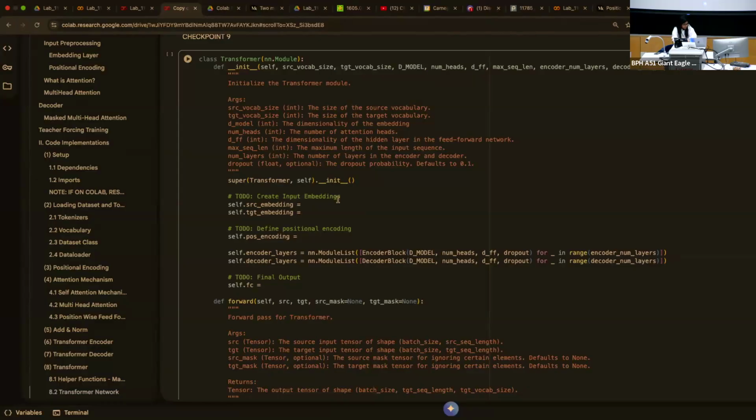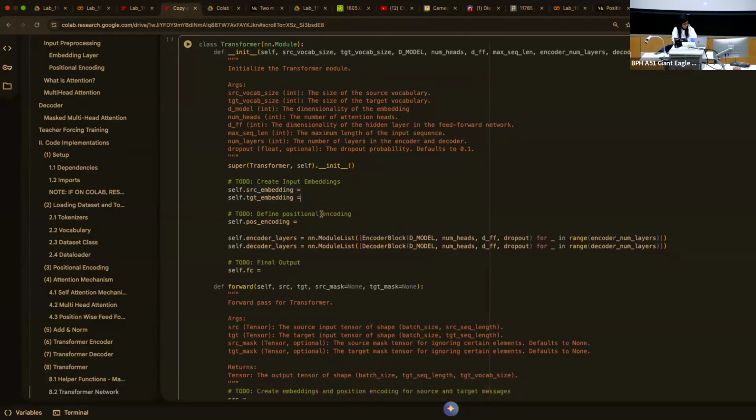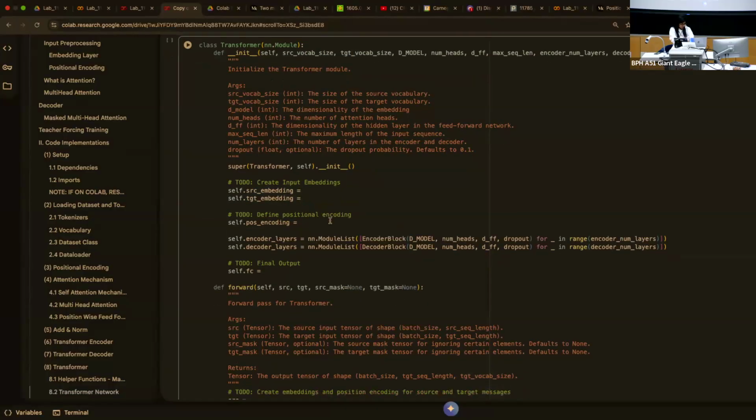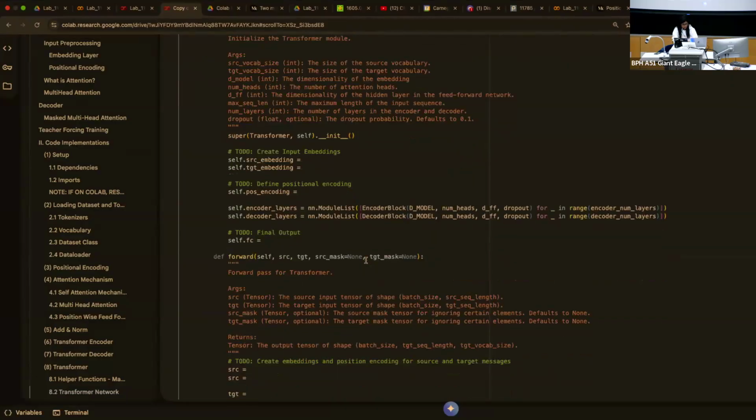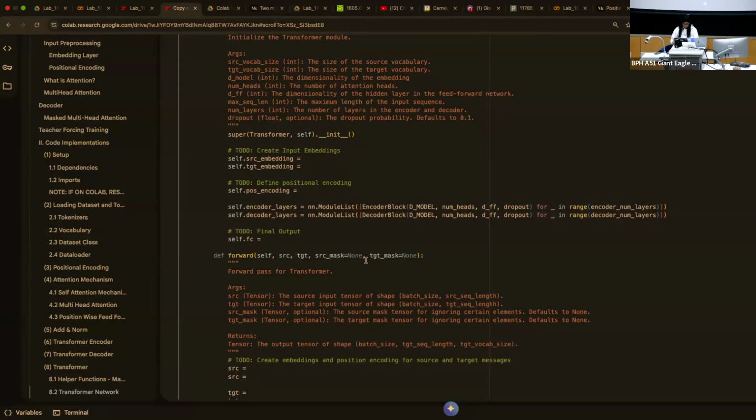So we already passed the vocab size for the source, for the target vocabulary. We just need to call torch.embeddings here. And yeah, we define the positional encodings. In the interest of time, I'll just leave it as a practice for you guys. And yeah, I'll make sure to post the transformer cell and the solved notebook on Piazza as well.